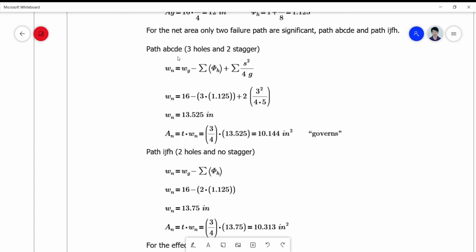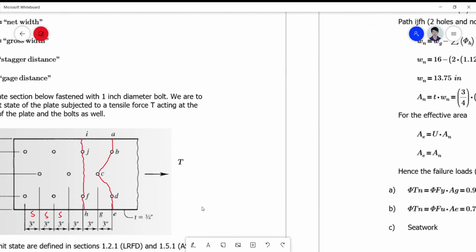Considering that path ABCDE has 3 holes and 2 staggers, we take note that the diameter of the hole will be multiplied by 3, and the stagger will be the same, so we simply multiply it by 2 times s squared over 4g. I'm referring to these 2 staggers.